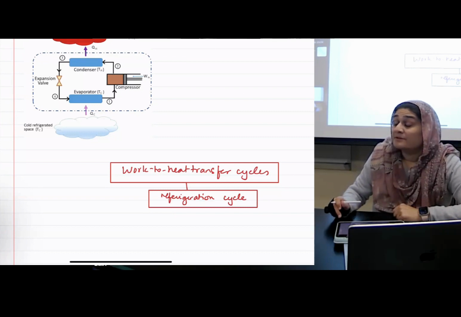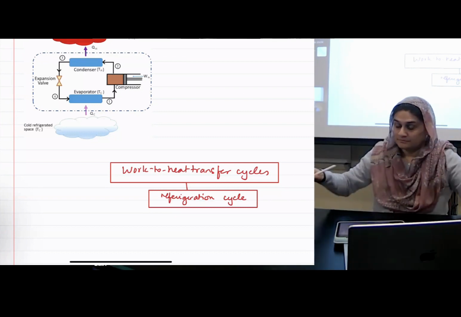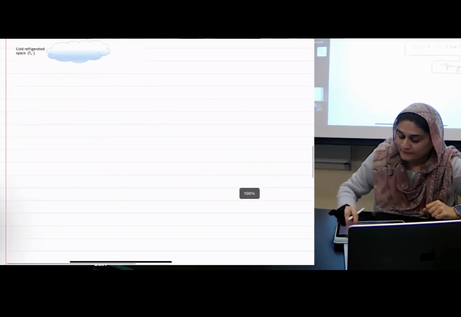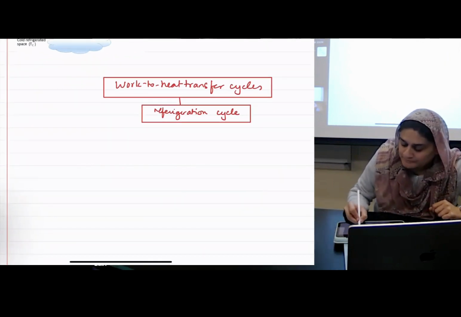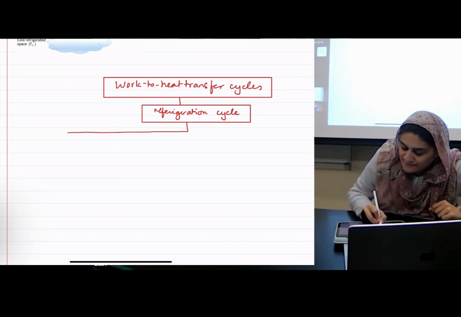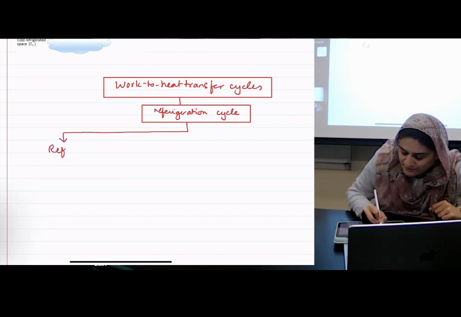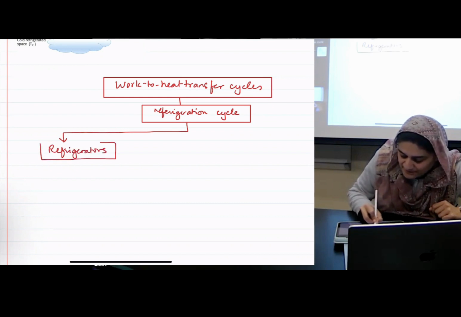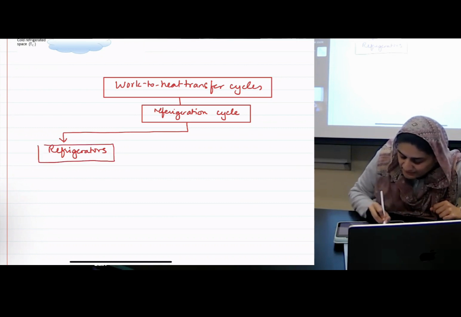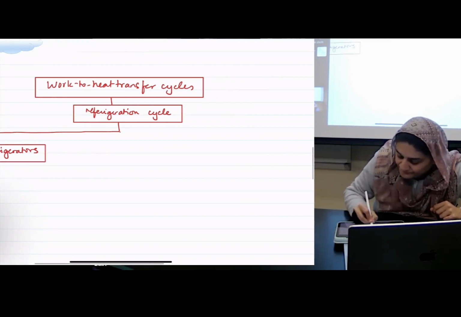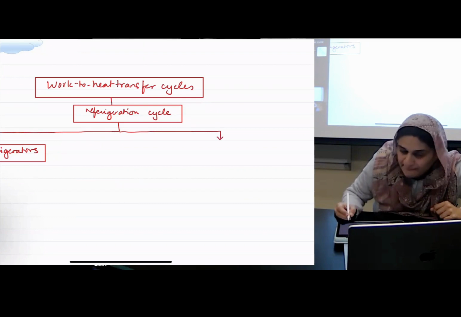And so we'll leave room for 2. All right. Okay. And there are of 2 types. One is called refrigerators, and the other one is called heaters.